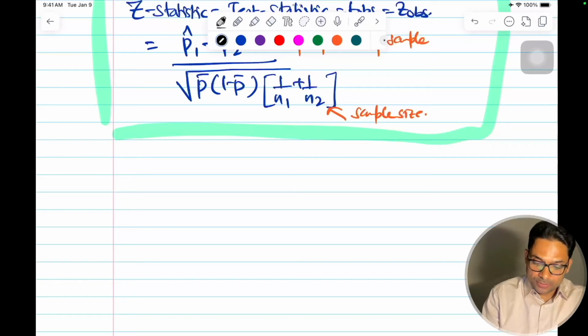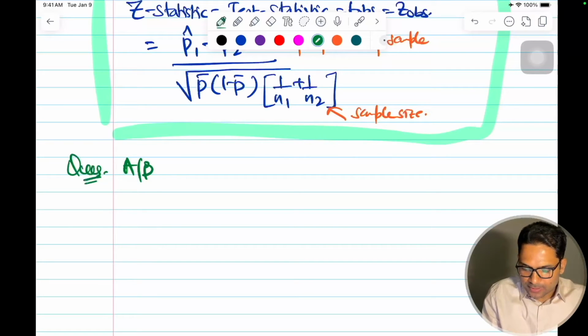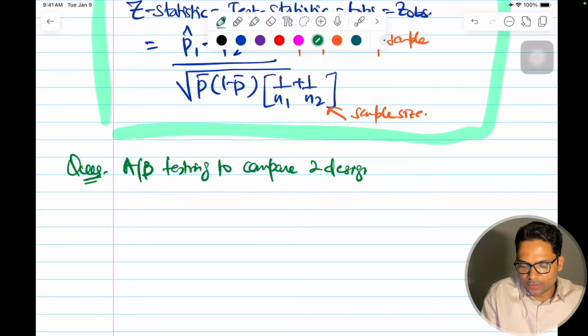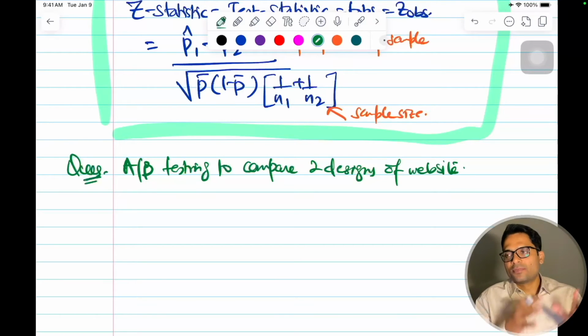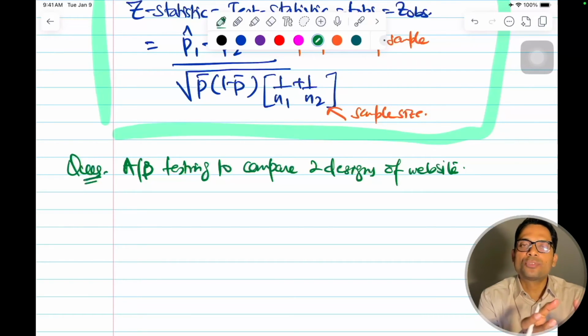So let's do a question. We are doing A/B testing to compare two designs of a website, and we have some data: from this design, how many users signed up, etc. If I have that data, I can do a test of proportion and find out which is a better design.